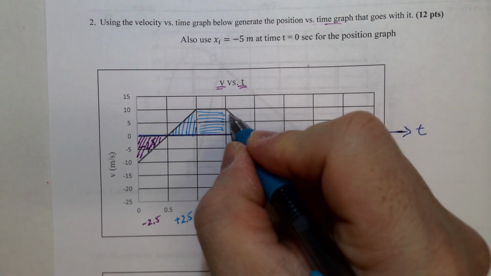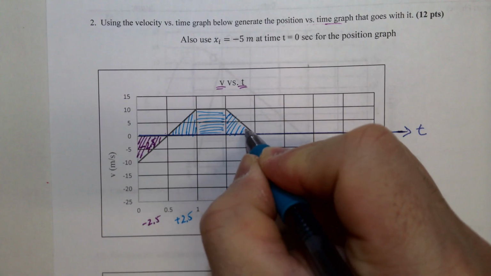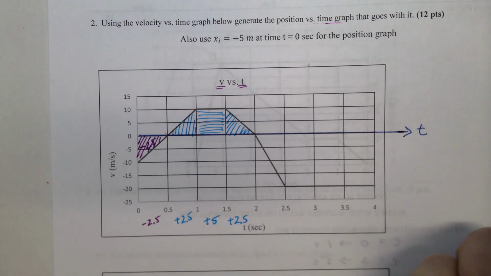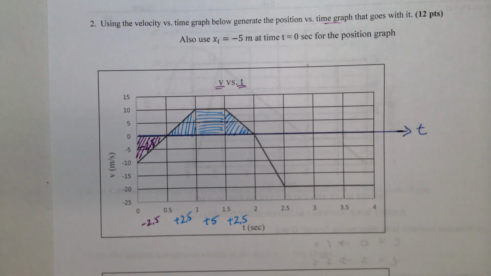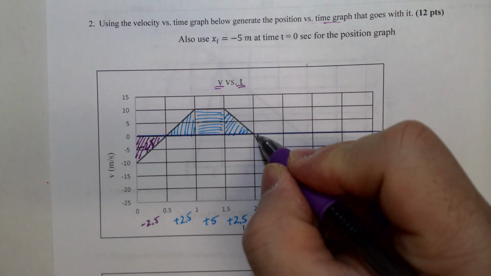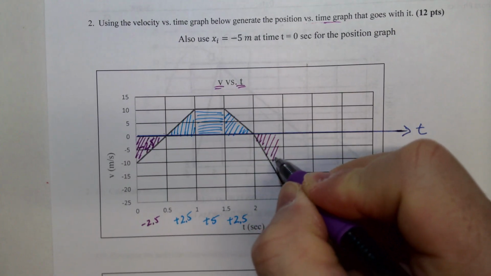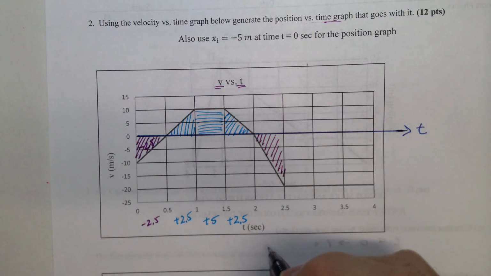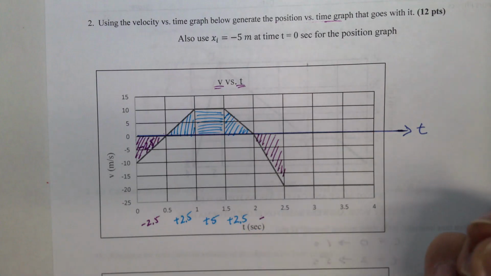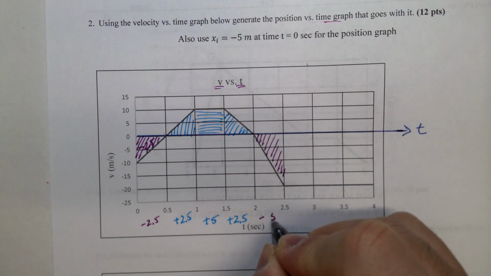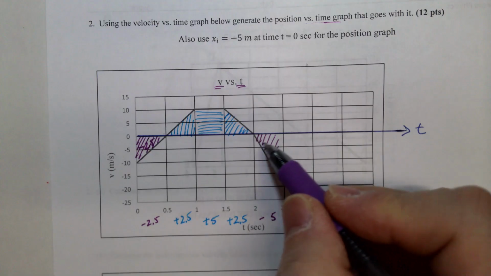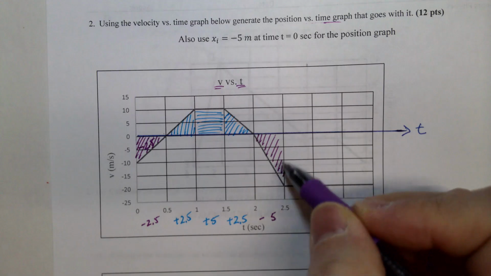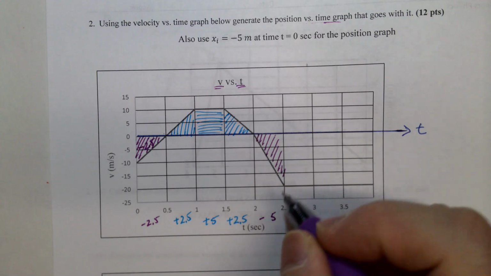And then this here is +2.5. And then here looks like -5, because 0.5 times 20 is -10, and half of that is -5.